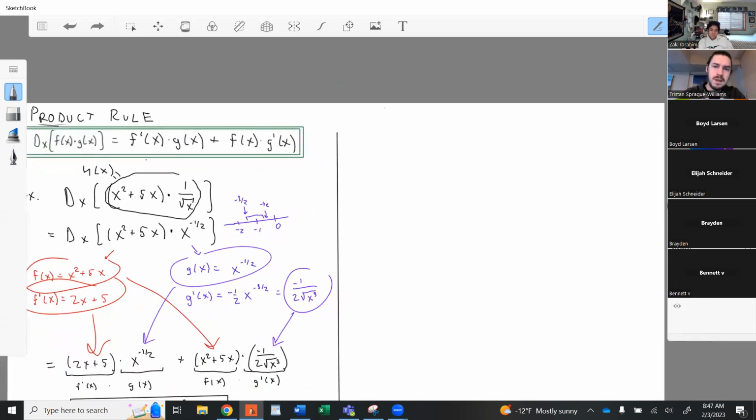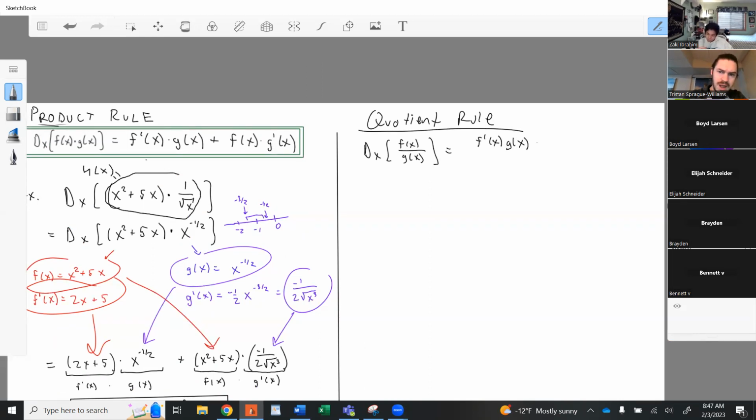Well, maybe. Let's get the quotient rule down here. I'm not going to go through a derivation or a proof of the quotient rule like with the product rule. It's very similar to the product rule. It looks a little bit different. Let's look at it and compare and contrast. Here's the first difference.